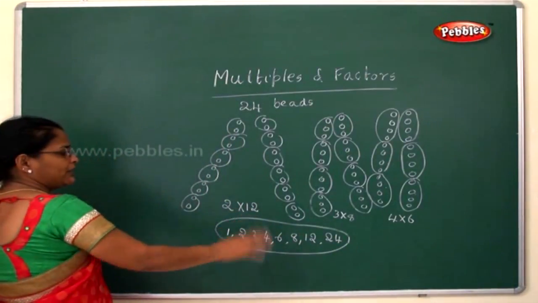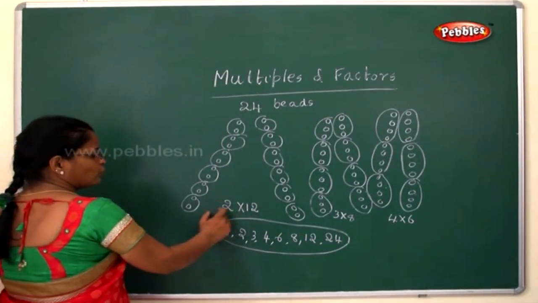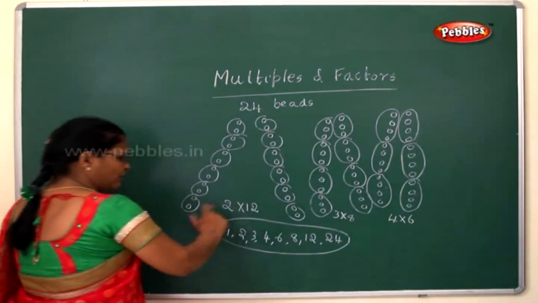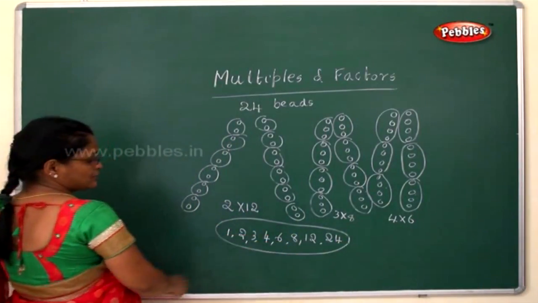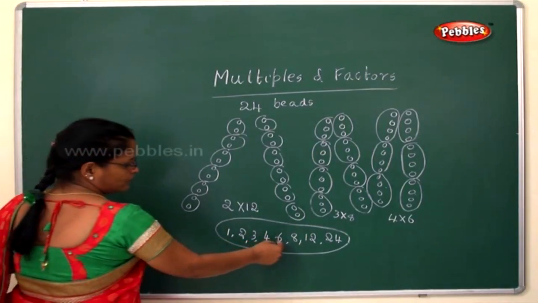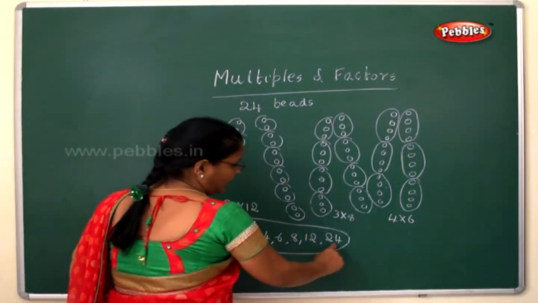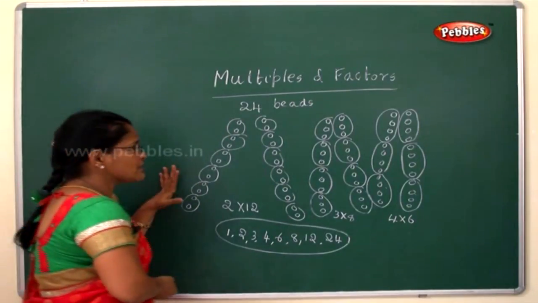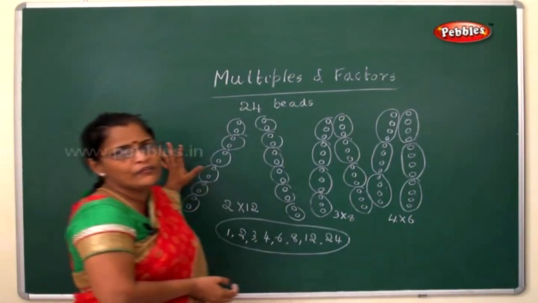There should be no remaining beads. So this is what you did: 2 into 12, 3 eights, 4 sixes, and even 1 bead you can take 24 times. So 1, 2, 3, 4, 6, 8, 12 and 24. These are the factors of 24. So with this I think you have understood multiples and factors.